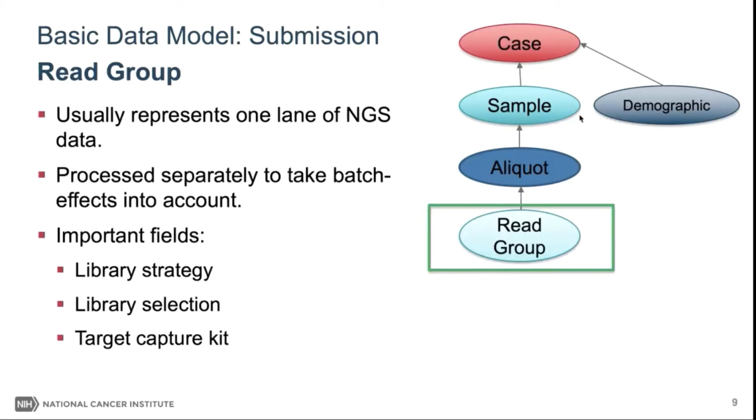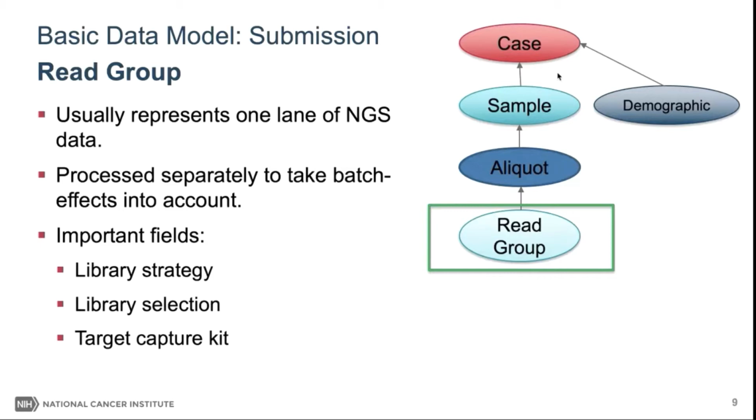Read groups in the GDC are actually processed separately to take batch effects into account. This is why the GDC doesn't support concatenating a bunch of FASTQ files from a bunch of different sequencing runs all together, because of batch effects. And the GDC aligns the read groups all separately and then merges the alignments.